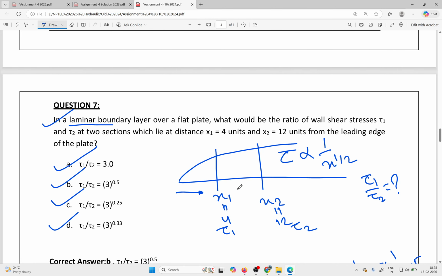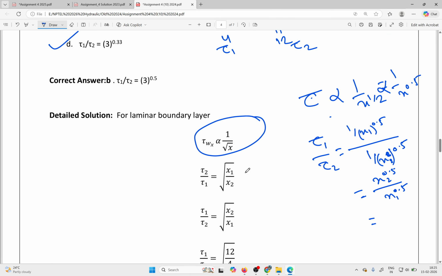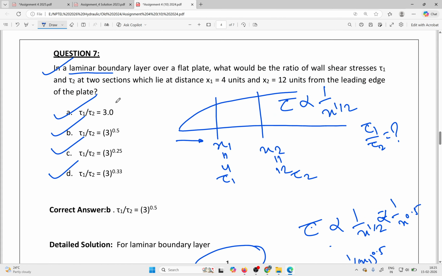If I am correct, yes. So 12 to the power 0.5 over 4 to the power 0.5, so 3 to the power 0.5 will be the correct answer. So option B is correct here.